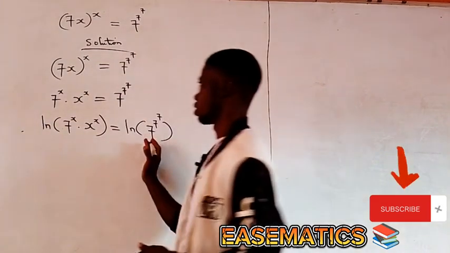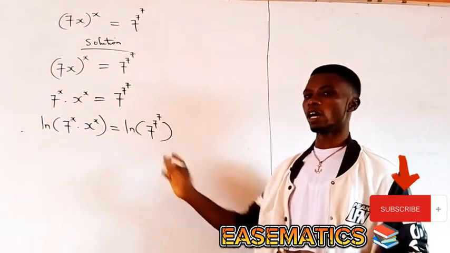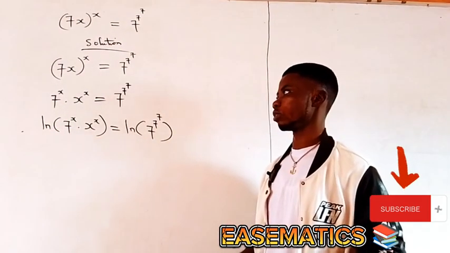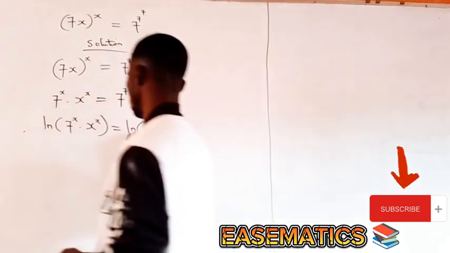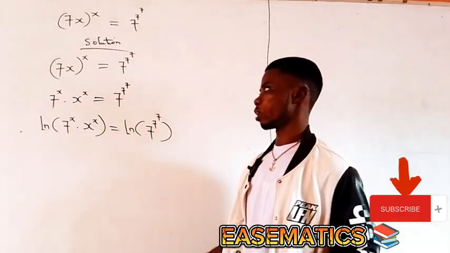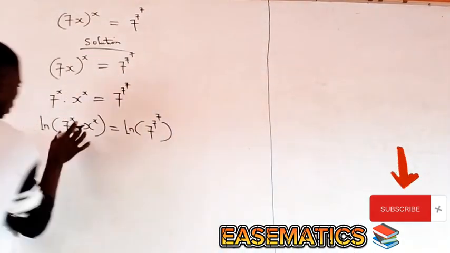Fine. This is one of the steps. This is just natural logarithm, so we don't get it twisted. It's natural log.